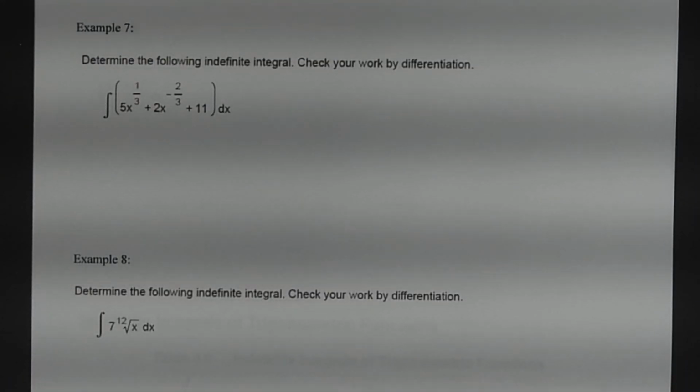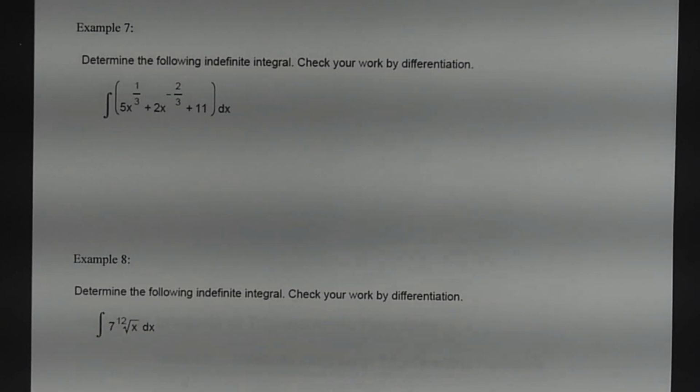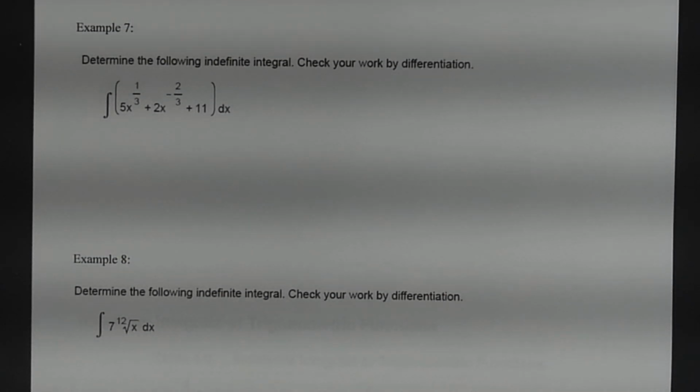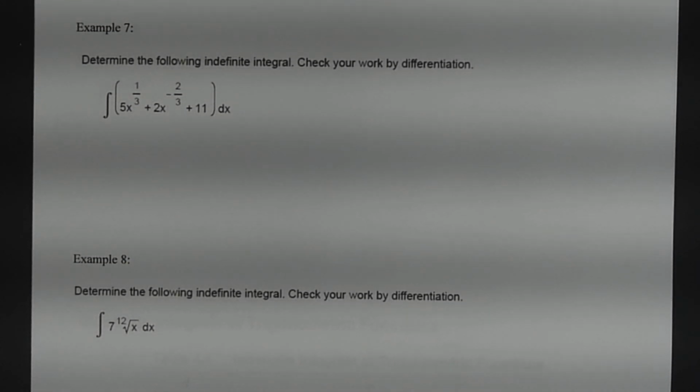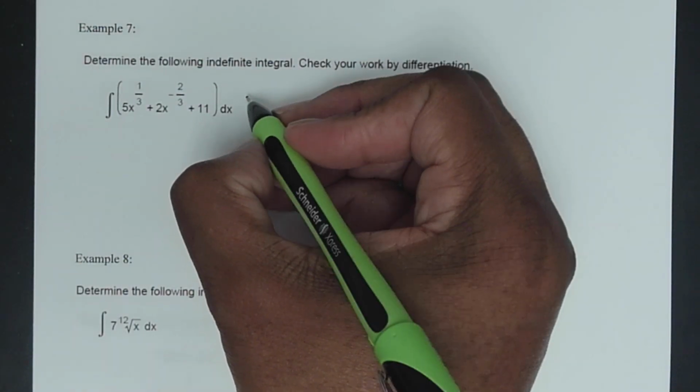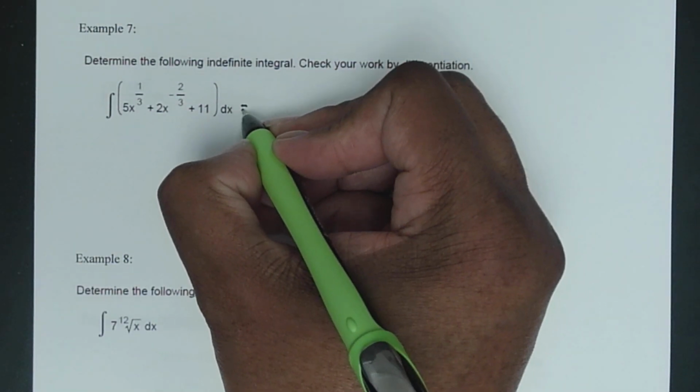All right, now in example 7, we got the integral of 5x to the 1/3 plus 2x to the negative 2/3 plus 11 dx. Using the sum rule and the constant multiple rule, I have this.